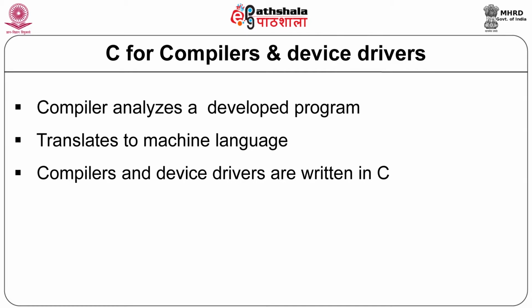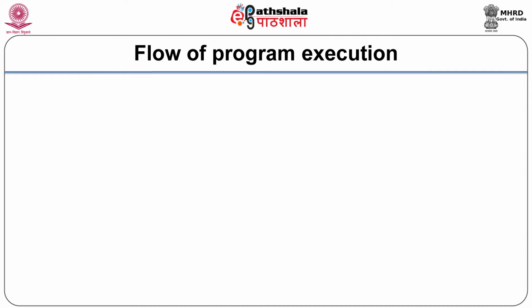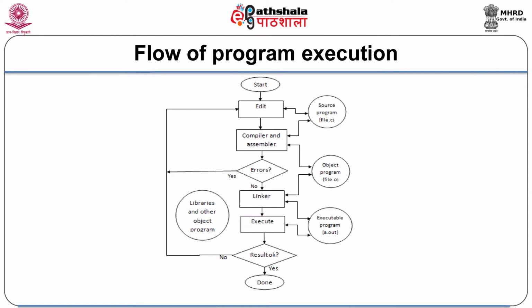The majority of compilers or device drivers are written in C. Flow of program execution. Once a program is written in C language, it is executed in 4 different steps. First is writing code, compilation and assembling, linking and execution.